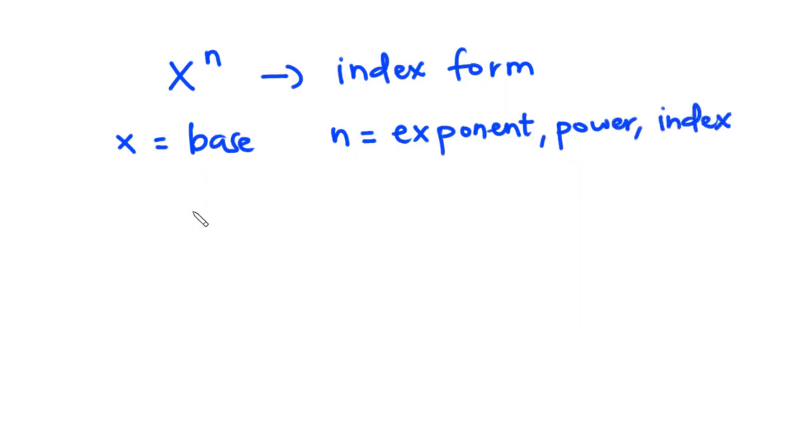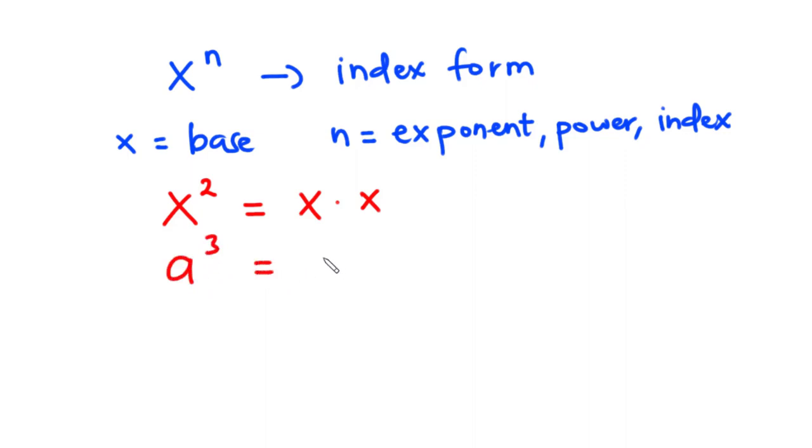So let's say you have x exponent 2. What this primarily means is that you want to multiply x 2 times. So this is equal to x times x. If you have a exponent 3, it means that you want to multiply a 3 times.